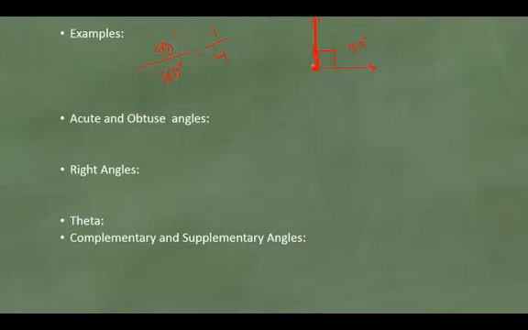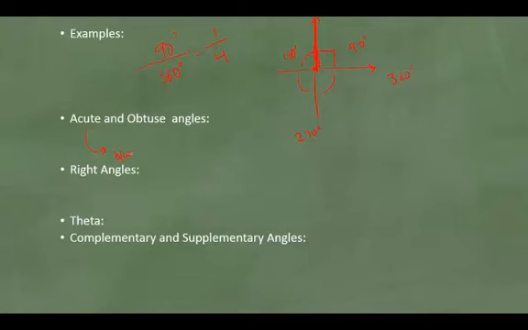Another 90 degrees would be 180. Another 90 degrees would be a total of 270. And another 90 degrees would be, again, 360 degrees. An acute angle is an angle whose measure has to be between 0 and 90 degrees.